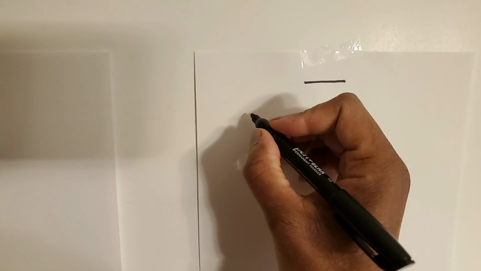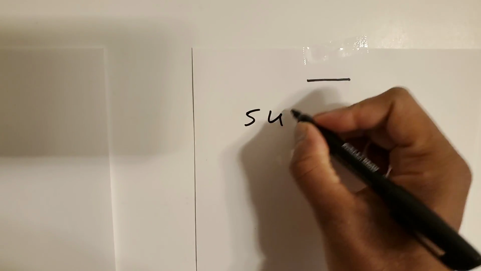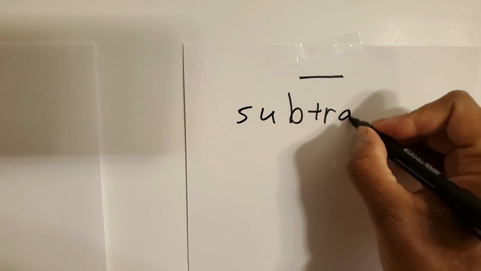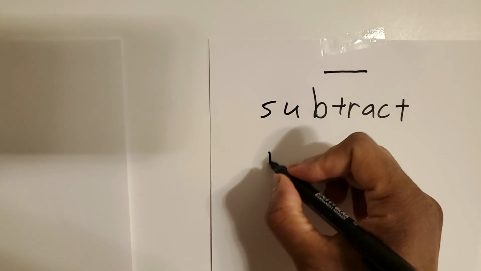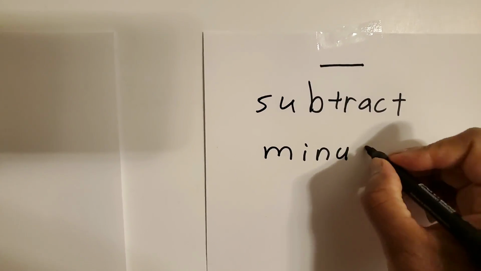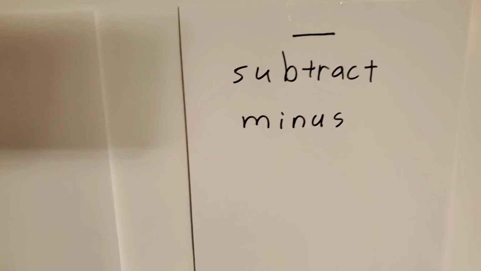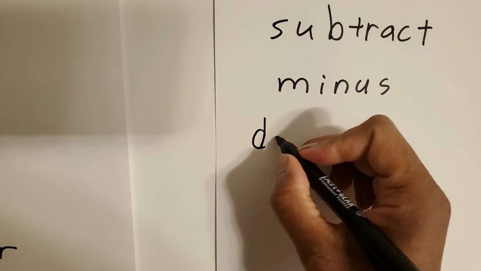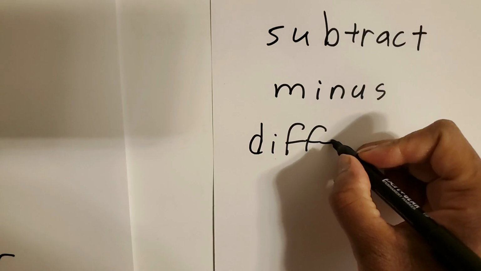When we look at this sign, what words do you think of when you see this sign? You may think of the word subtract. You may think of minus. What else do you think of? You might think of the difference.